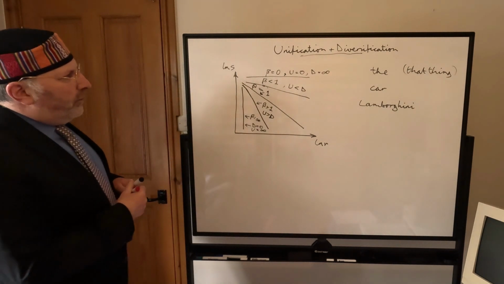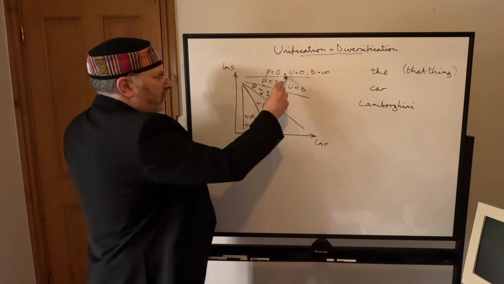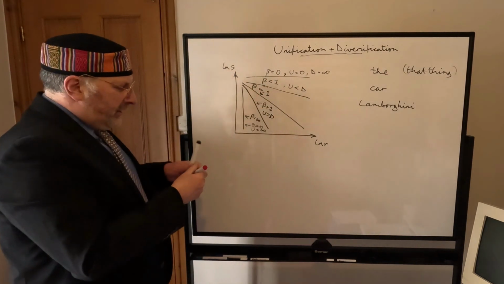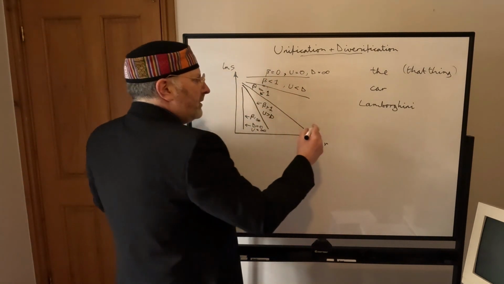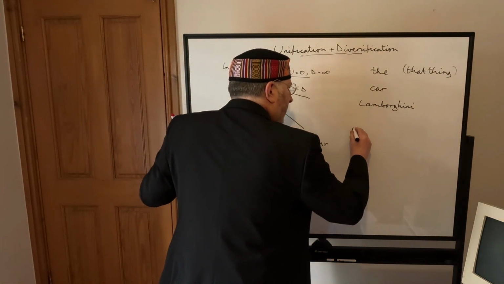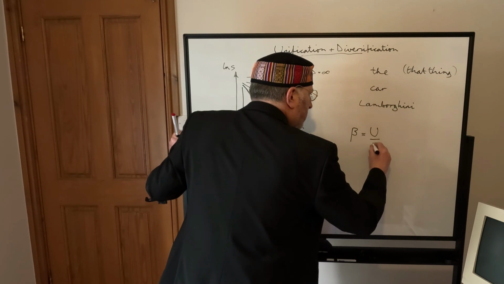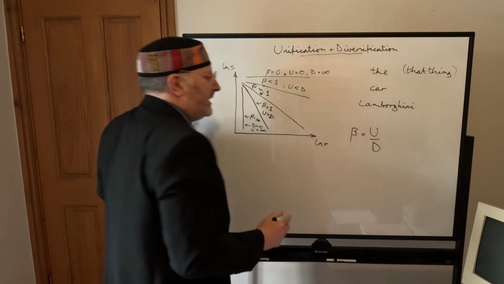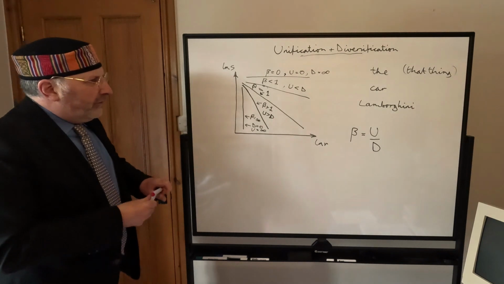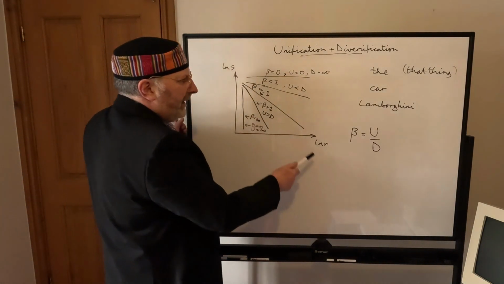And we could then relate these in this diagram by suggesting that the slope, the exponent of the power law, is equal to U over D. Because then that would explain this.